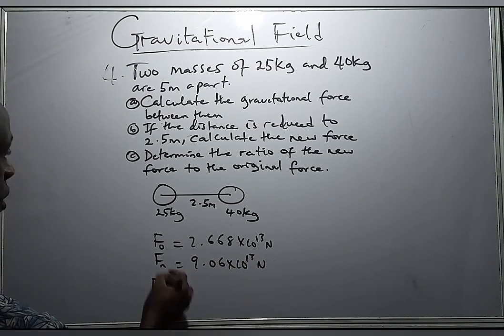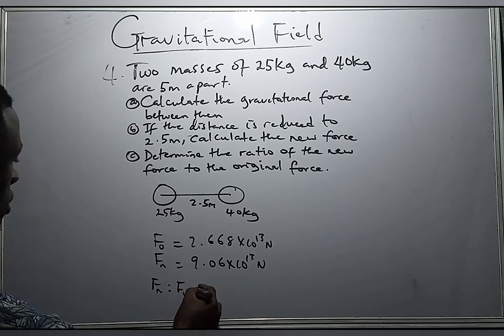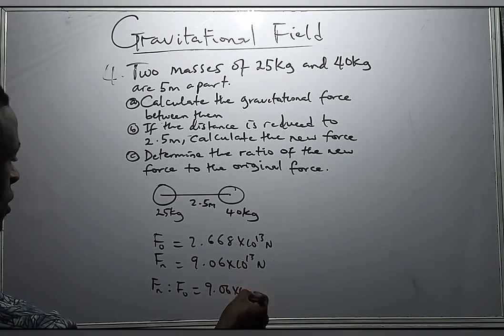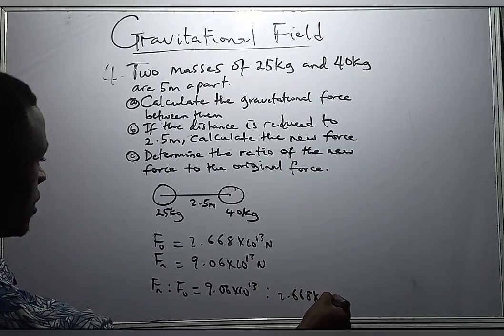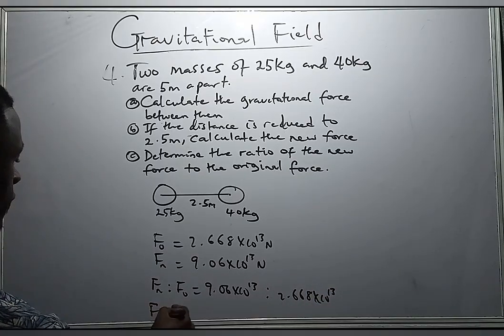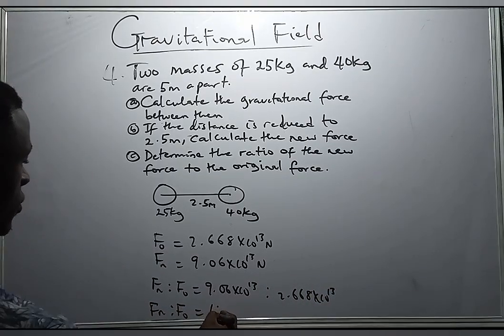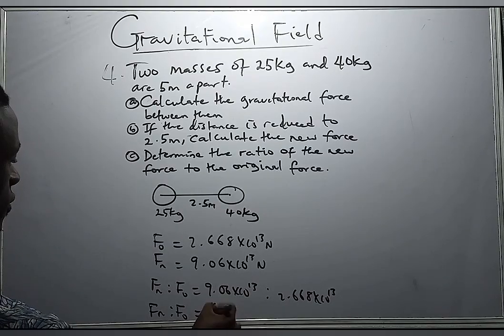So this question asks us to find the ratio of the new force to the original. If you find this ratio, it's going to give you a ratio of 4 to 1.